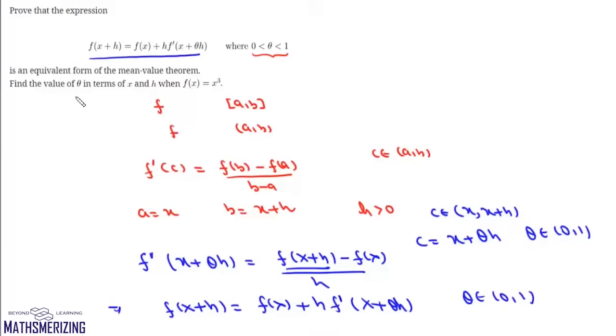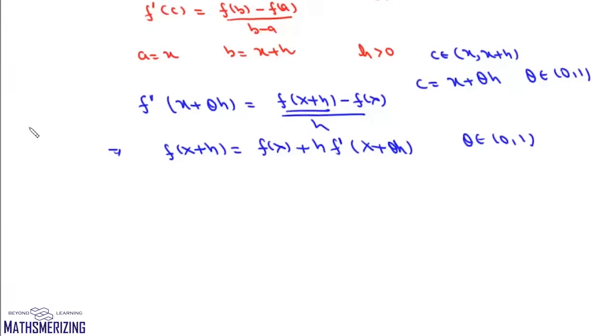It also says find the value of theta in terms of x and h when f(x) equals x cube. So now for this question, f(x) is equal to x cube. Now on the left hand side, it will be (x plus h) whole cube. This is x cube. This is h. Now f dash x is 3x square. So it will be 3 and then (x plus theta h) whole square.